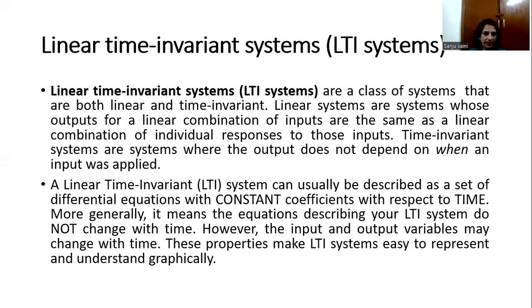So I think you might have understood what we mean by time invariant and time variant. Time invariant means that the parameters are not changing with time. And if their parameters are changing with time, then that system is said to be a time variant system.